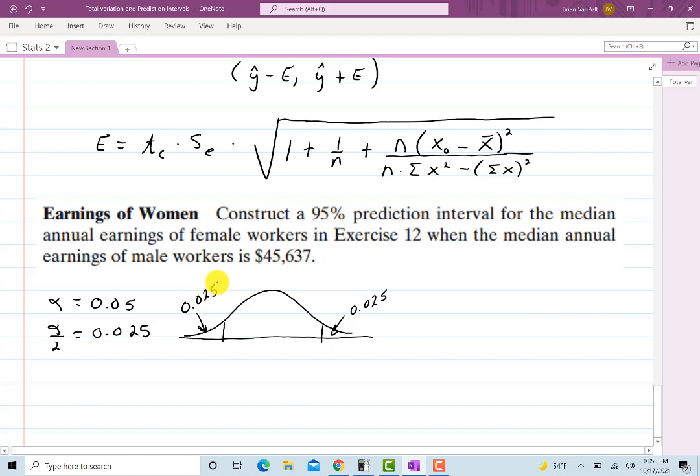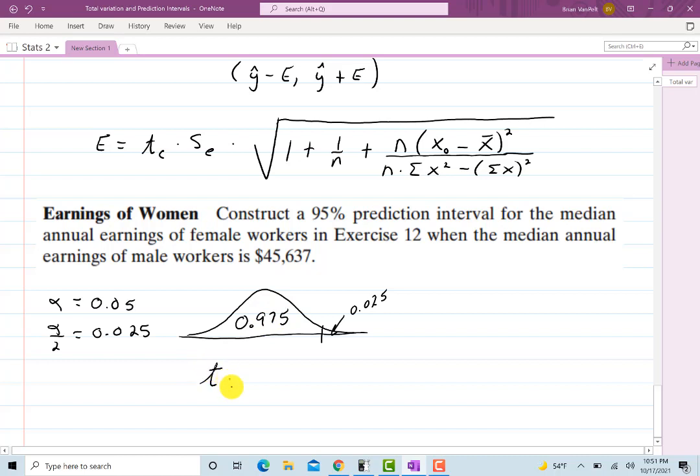Now, I'm only interested actually in the right-hand side of this thing. So I'm going to get rid of that. I don't really want it. And what I do want, though, is that piece, because this piece is 0.975.